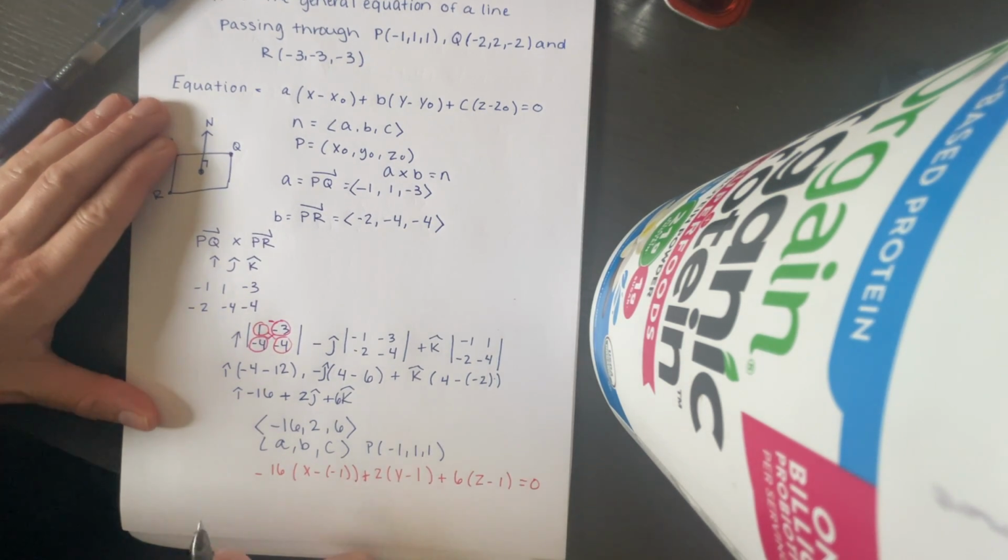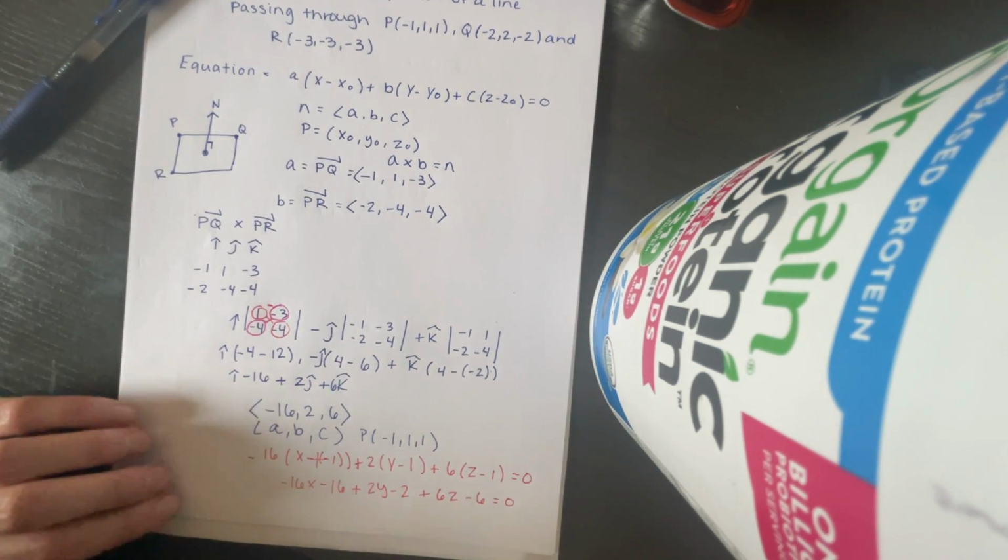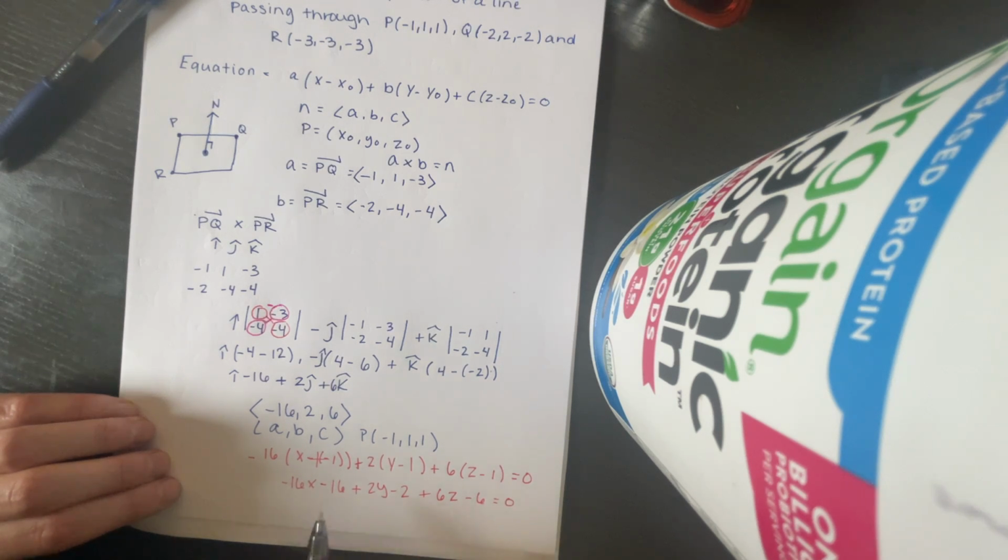So go down here, and then just distribute. So we have negative 16x minus 16, so that'll be a plus, and then it'll be a minus, plus 2y minus 2 plus 6z minus 6 equals 0. So then you could just add all these together.